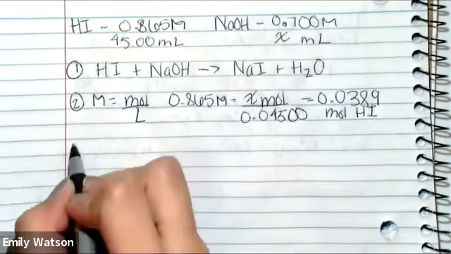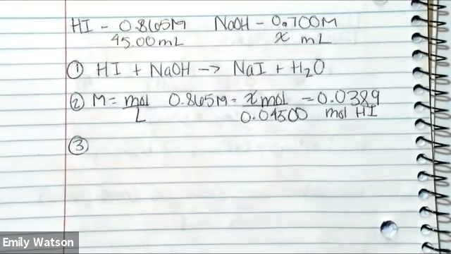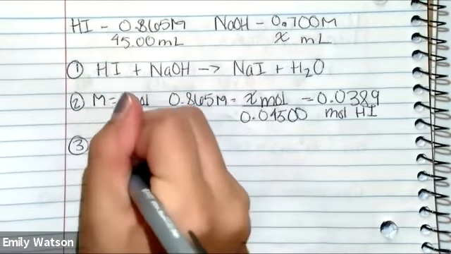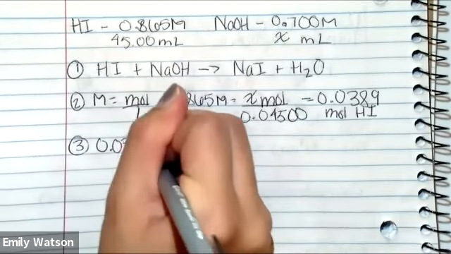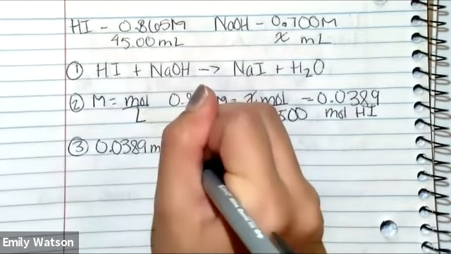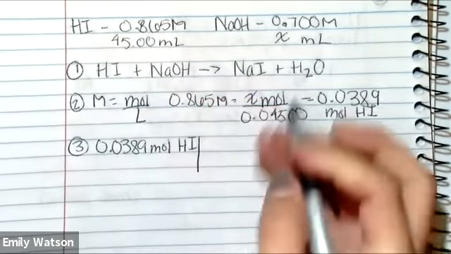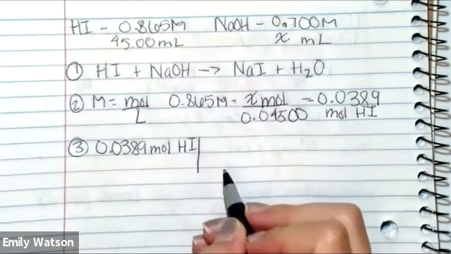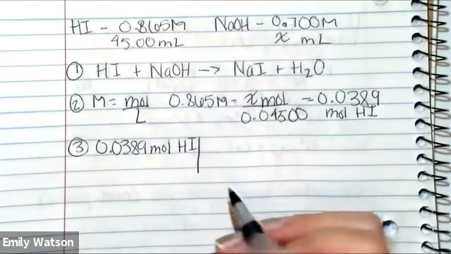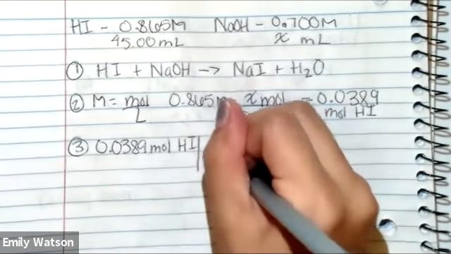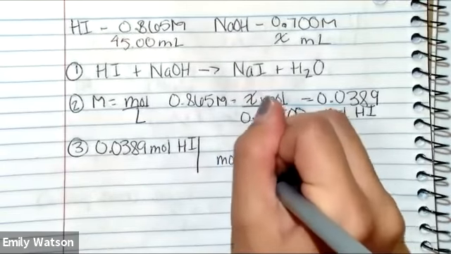So step 3 is dimensional analysis. We're going to start off with the moles that we just found. What's going to go on bottom here? Moles of what? Yes.